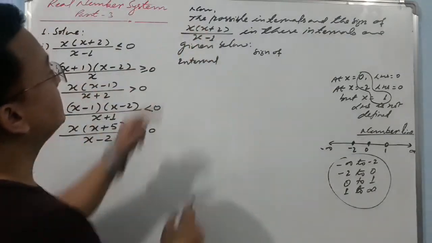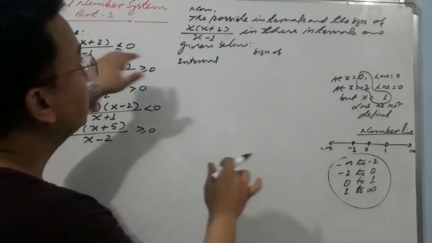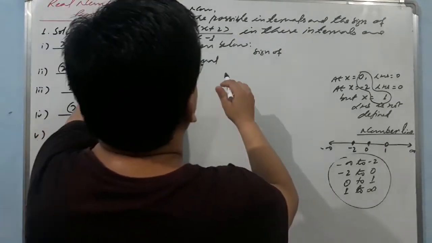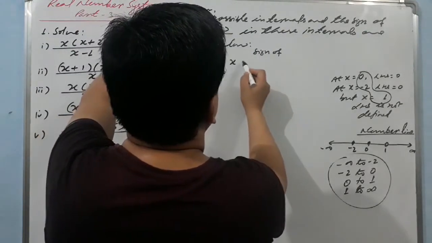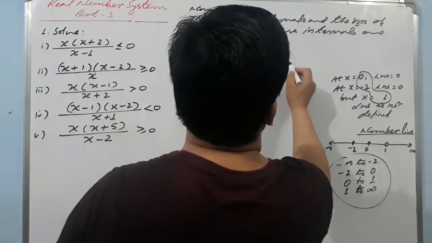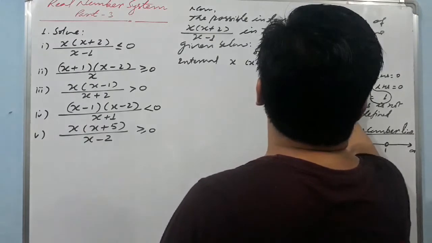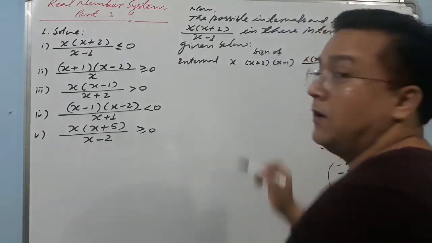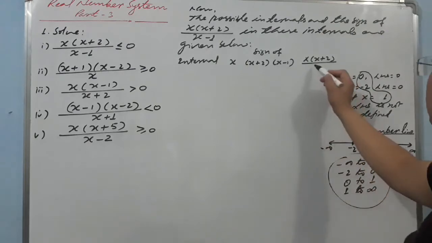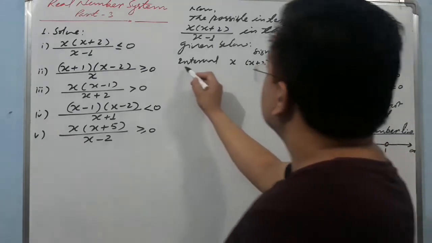Actually we want to find out the sign of this whole left part of the inequality. So directly we can't find it, so you can first break it up: x plus 2, and then x minus 1, and finally you can get the sign of x plus 2 over x minus 1.